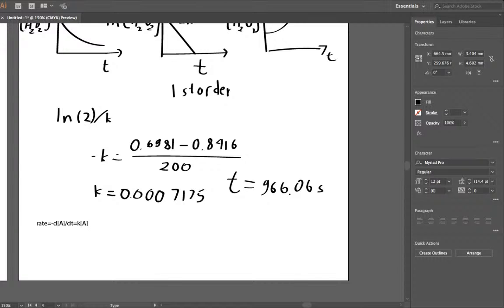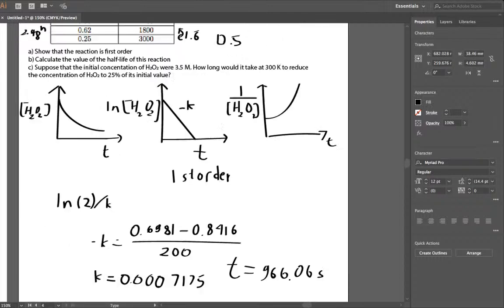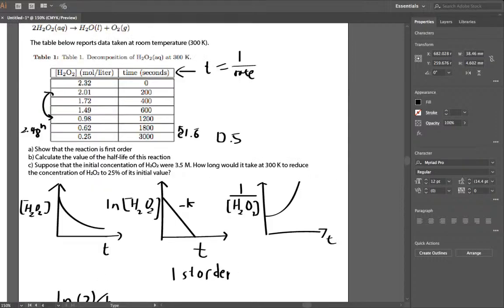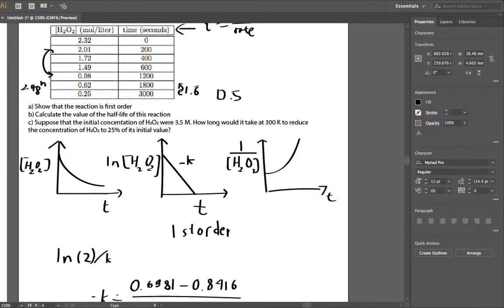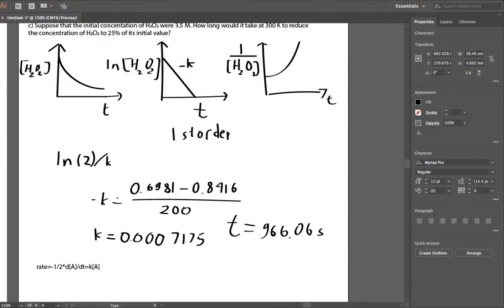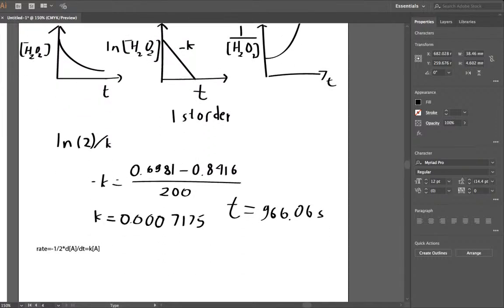It should be negative 1 over 2 times that. Yep, there we go. Why is there a 1 over 2 there? It is because of the coefficient at the front. We need to be careful about the coefficient as well. So that's why I include the negative half there.